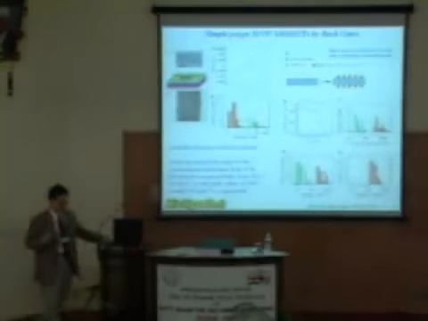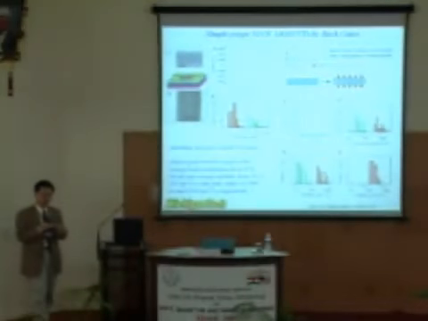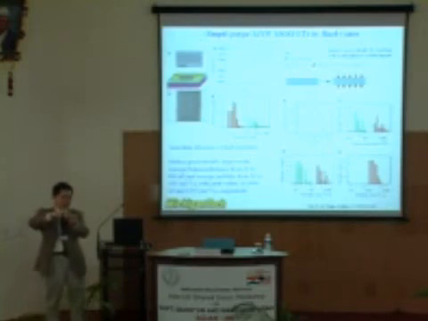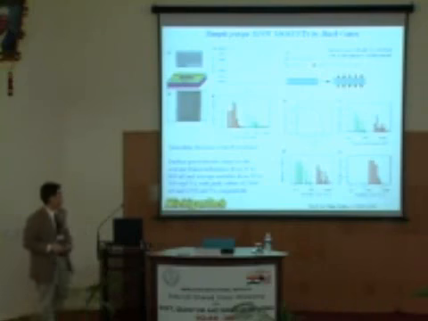So what is the disadvantage of wires compared to tubes? In a wire, at the surface, you have many dangling bonds. Some atoms on the surface don't have a neighbor to bond with. So the electron will see surface roughness and defects on the surface, so it will have scattering. So this is not good for transport.